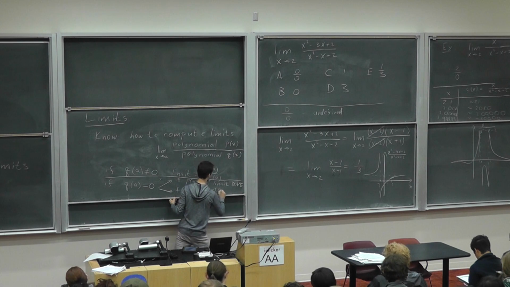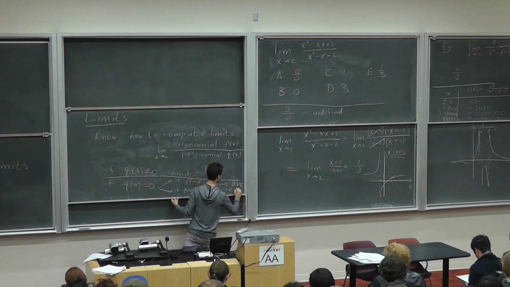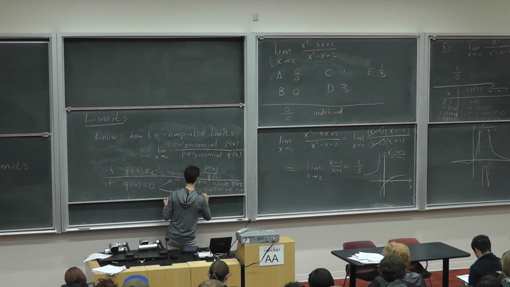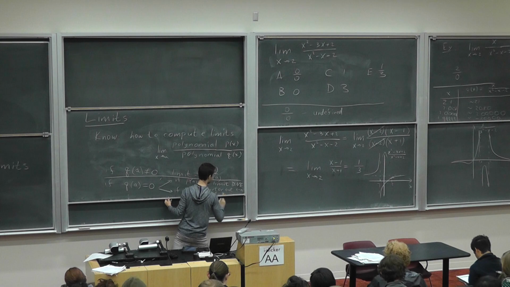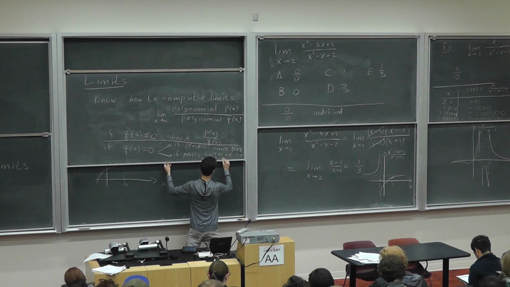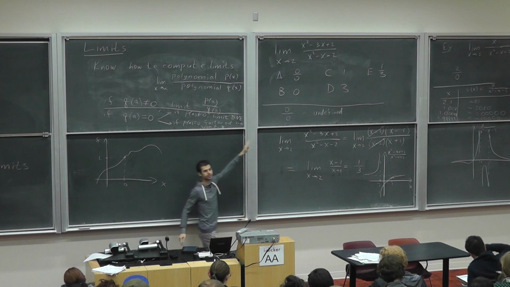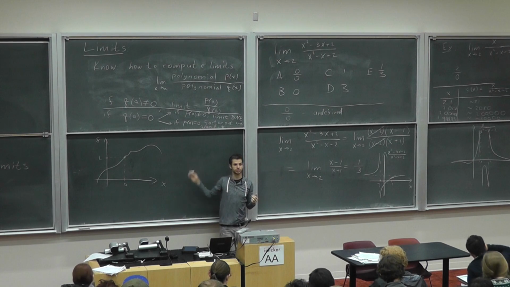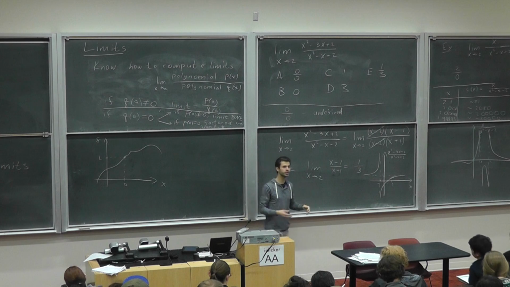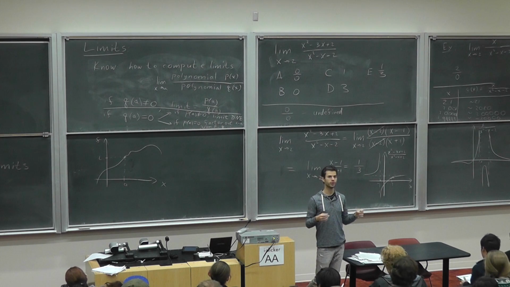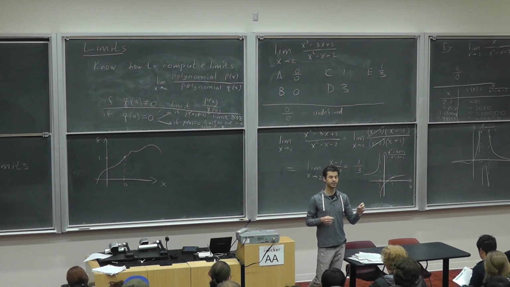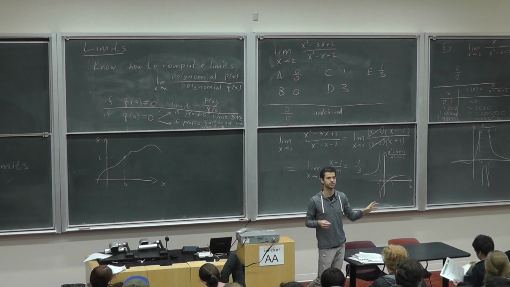Factor out x minus a from p and q. Cancel it out. So we have a trick how we will deal with such a thing. If both numerator and denominator approach 0 when x is close to a, it means that both are divisible by x minus a.